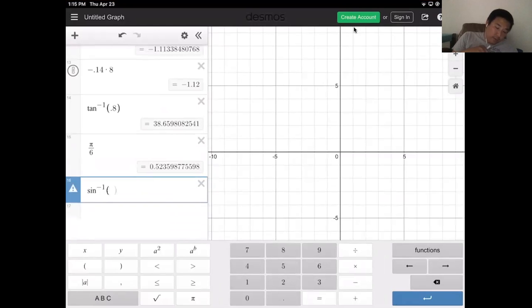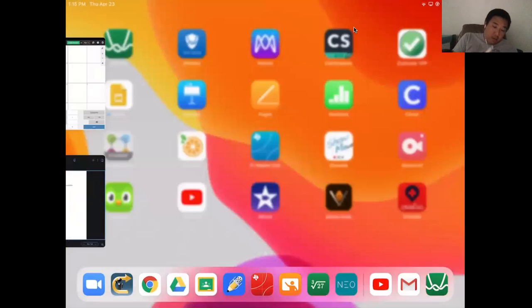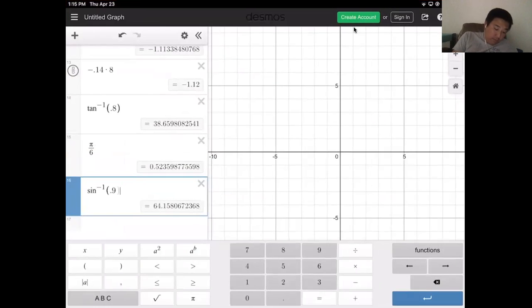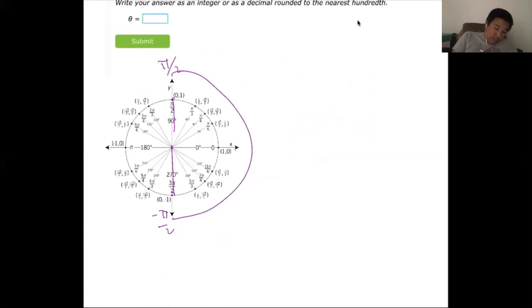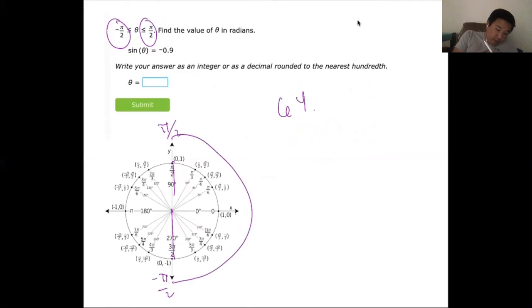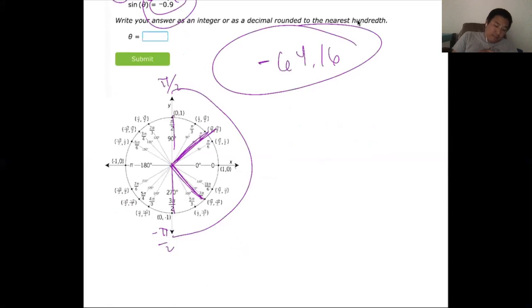So when you find it backwards, you have to type in 0.9. So we got 64.16. That's the positive, but we don't want it to be positive. We want it to be negative, so you want negative 64.16.